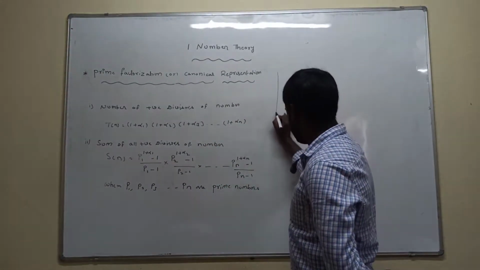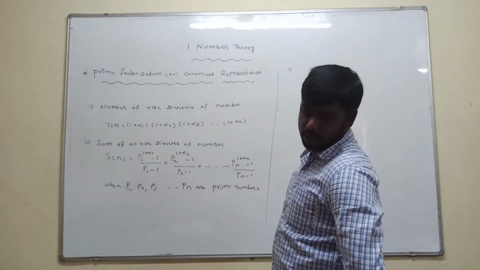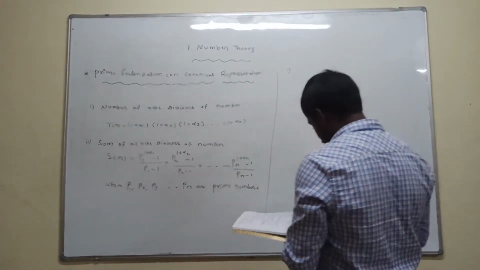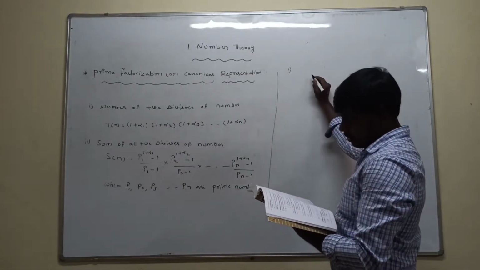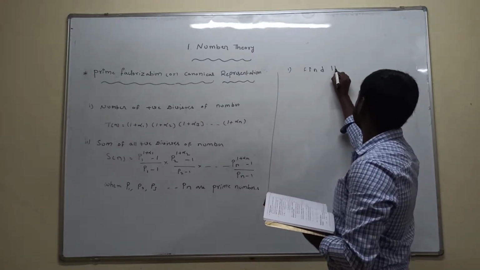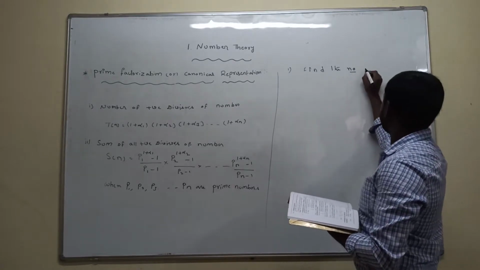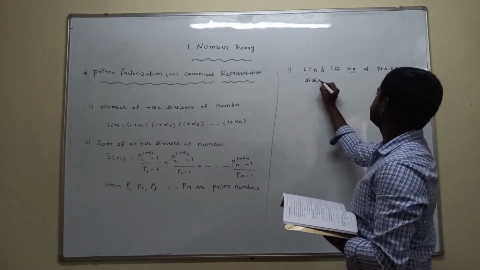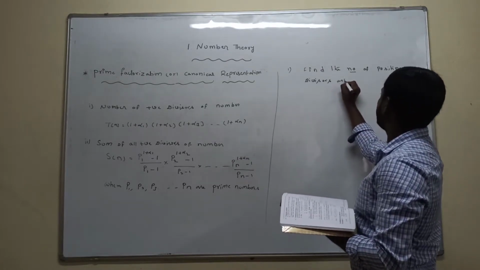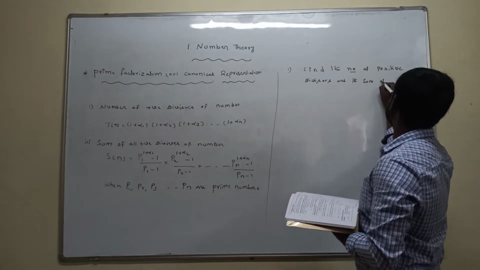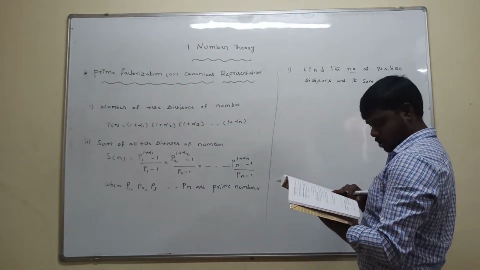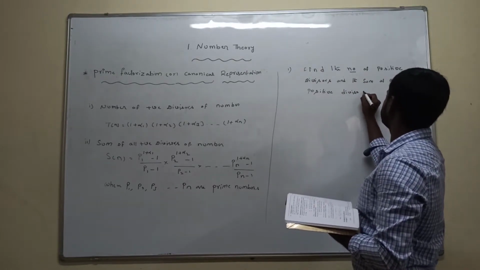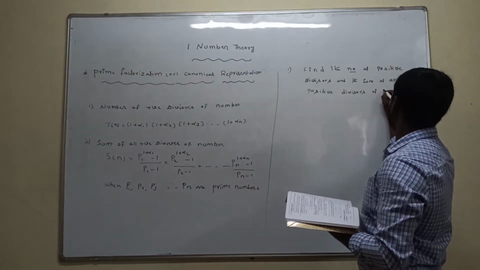For example, I am taking one question. Find the number of positive divisors and the sum of all the positive divisors of the following numbers.